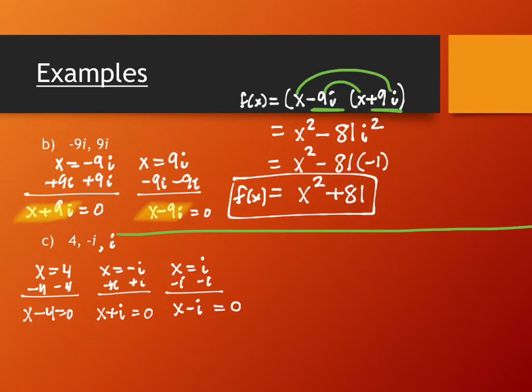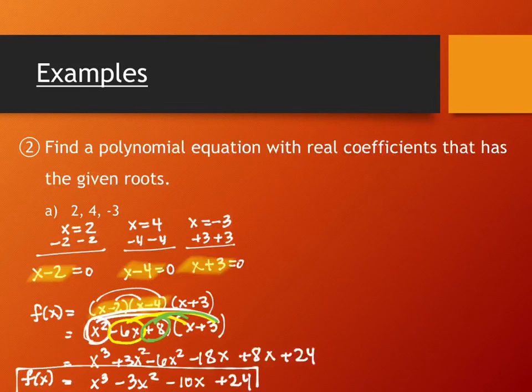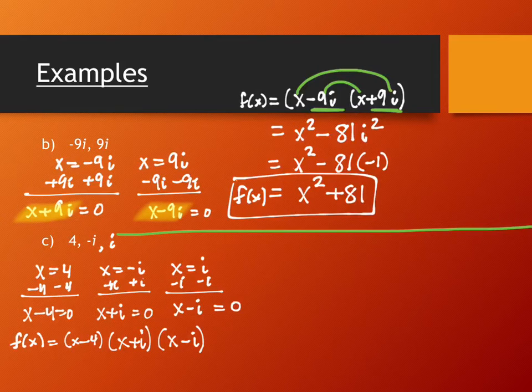We just have 3 terms, much like on the previous one. I have x minus 4, I have x plus i, and I have x minus i. Now I mentioned when we did this problem before that we could choose to multiply them in any order, and that's a true statement, and it's still true for this particular problem.